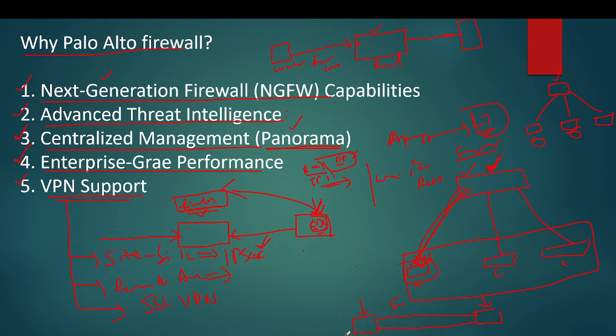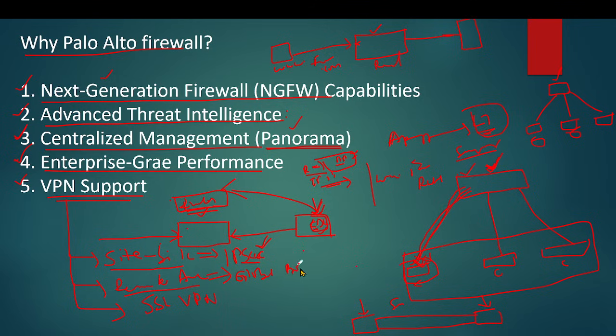Okay, to exchange their confidential information securely over the internet, that site-to-site VPN will be using IPsec. The IPsec is also called site-to-site, and remote access VPNs in Palo Alto we will be calling as GlobalProtect.